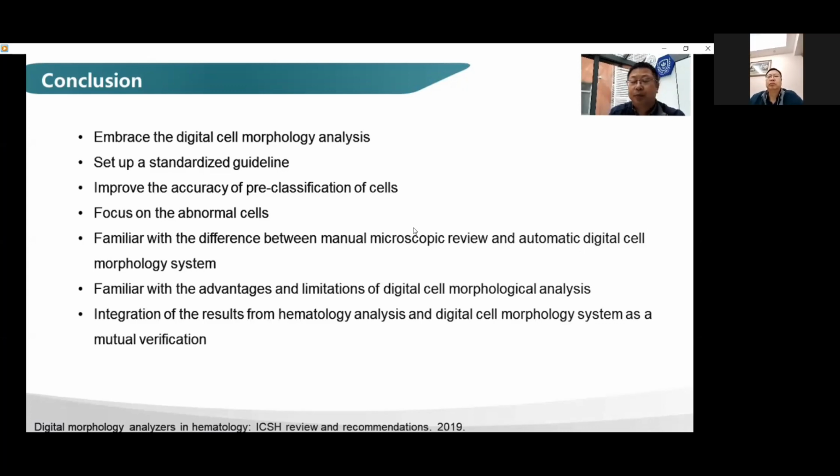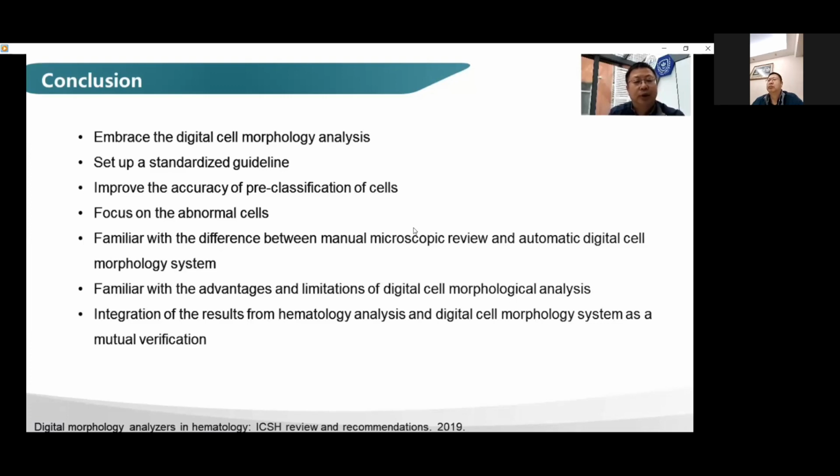Labeling the cells allows us to classify them accurately. And I mentioned that we need to clearly understand the difference between the manual microscopic review and the automatic digital cell morphology system, to help translate the disadvantage into advantage.